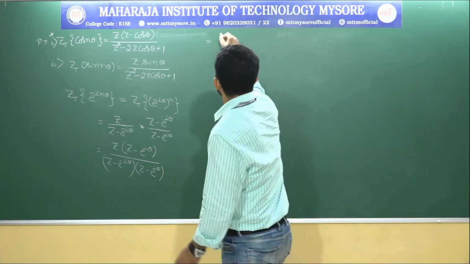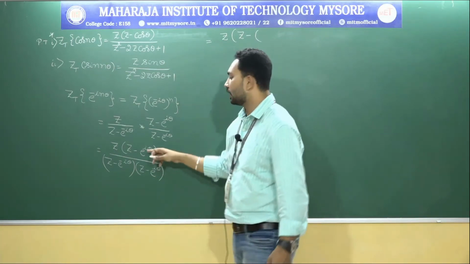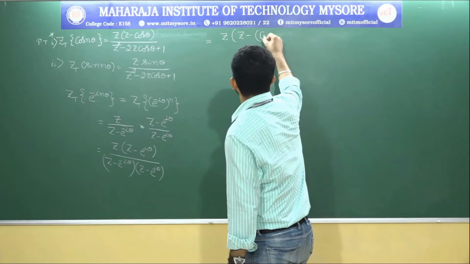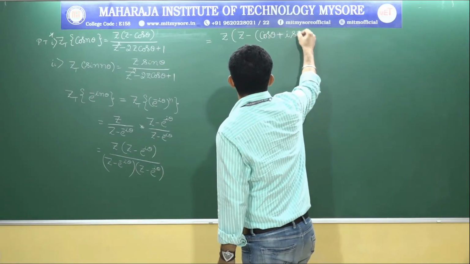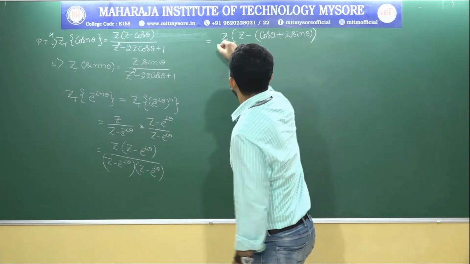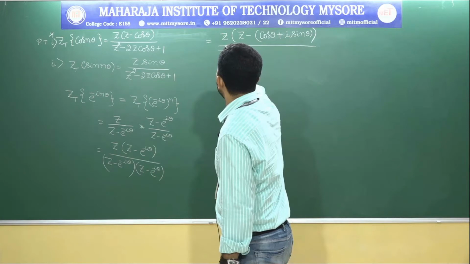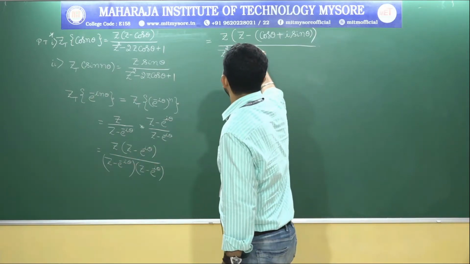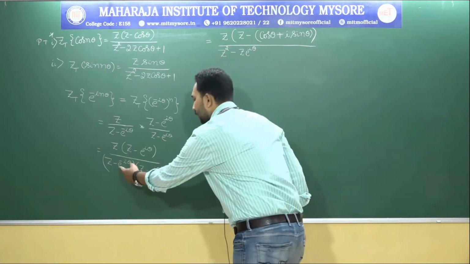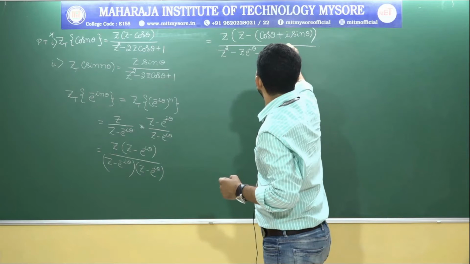I can write this as z into z minus e power i theta, and e power i theta means cos theta plus i sin theta, divided by the product of these two terms. We get z square, then z into this minus z into e power i theta, and z into this minus z into e power minus i theta.